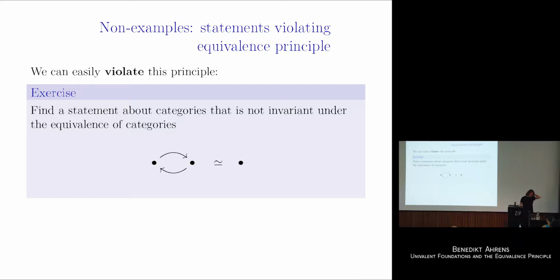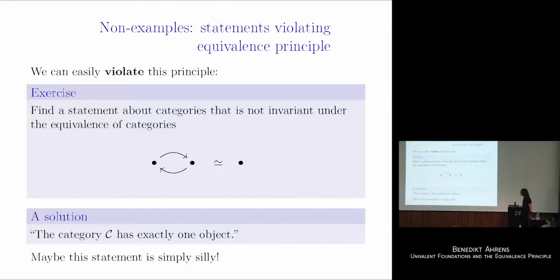So in set theory, this equivalence principle is not enforced. That means that I can find statements that are not invariant under an appropriate notion of sameness. For instance, here I have two categories which are equivalent. So this symbol here means equivalence of categories. And I can find a statement that is true for one and false for the other category.